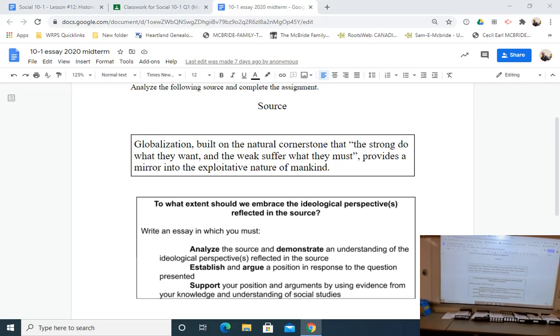So sometimes the last sentence of their essay might be that. Some kind of philosophical statement, trying to connect the source to something even bigger.